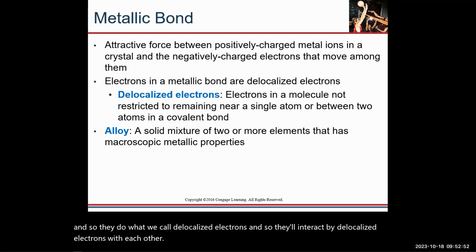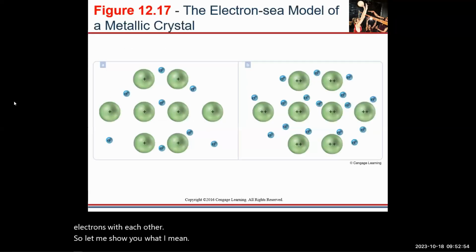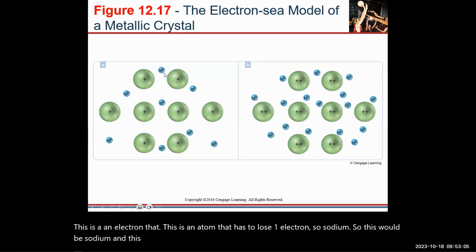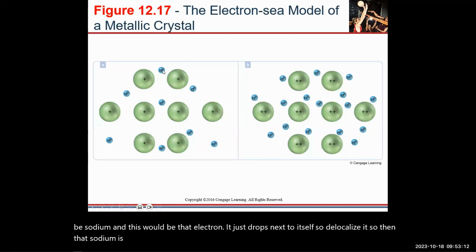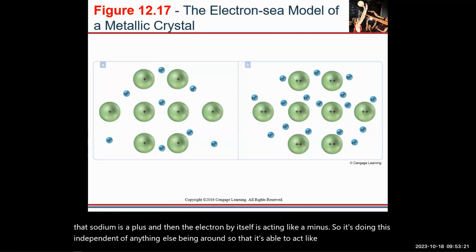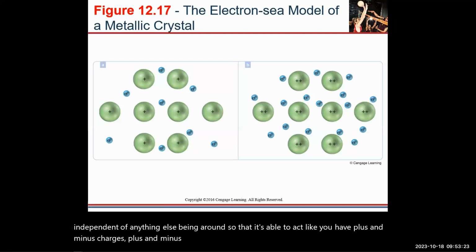So let me show you what I mean. Okay. So here, this is an atom that has to lose one electron. So like sodium. So this would be sodium. And this would be that electron that it just drops next to itself. So it delocalizes it. So then that sodium is a plus, and then the electron by itself is acting like a minus. So it's doing this independent of anything else being around, so that it's able to act like you have plus and minus charges, plus and minus charges, plus and minus charges.